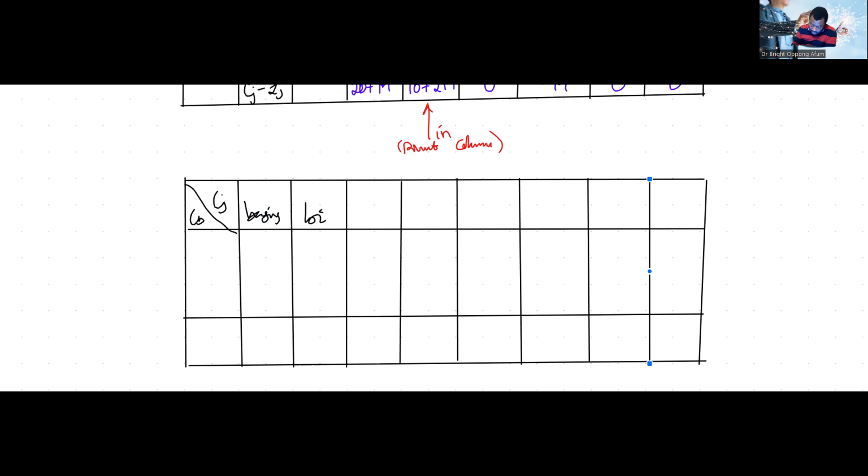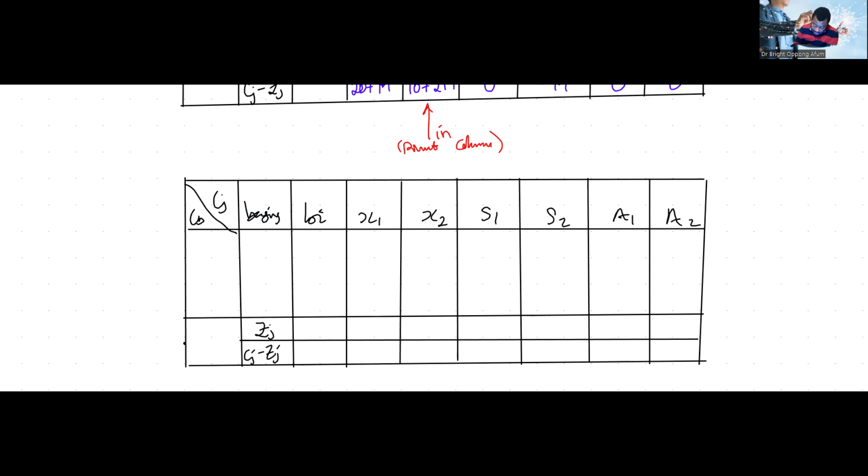So this is x1, x2, s1, s2, a1, a2, and Zj, Cj minus Zj.